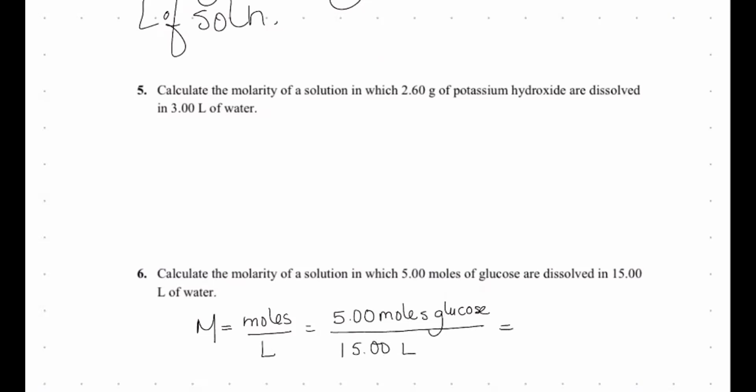So we added enough water. Oh, there you go. We do 5.00 divided by 15.00. How many sig figs do we need? Great job. We need 3. So for this one, this is going to be 0.333 molar. So a problem like problem 6 is more straightforward. The problem already stated what is the moles of solute and also what is the liters of the solution that we have.